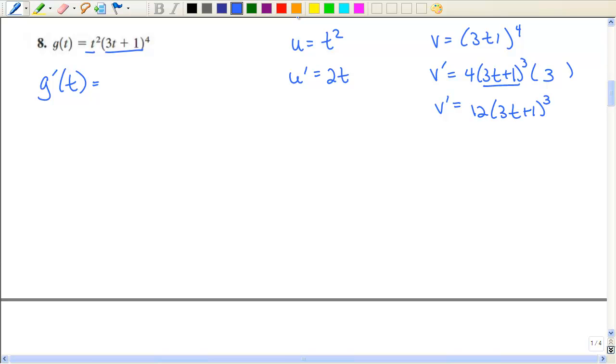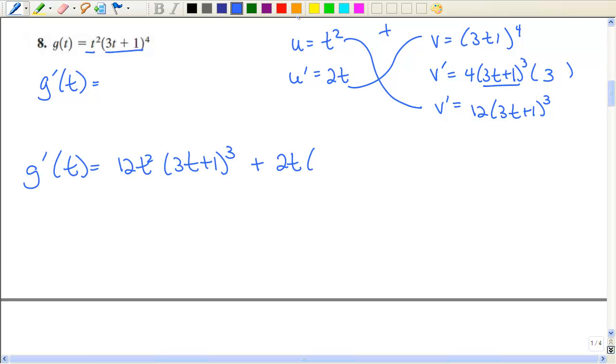The product rule says to multiply those together and then add it to multiplying those two together. Let's see, I think this is supposed to be 3t plus 1 here. So I have 2t times 3t plus 1 to the 4th power. Now that's my first derivative.